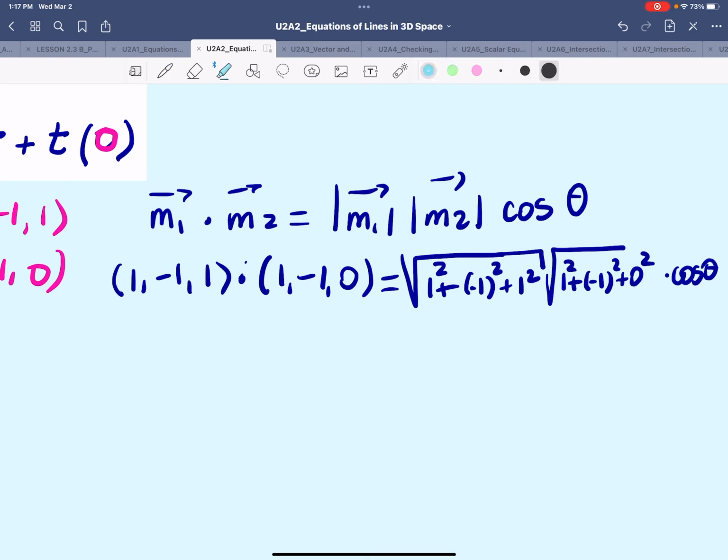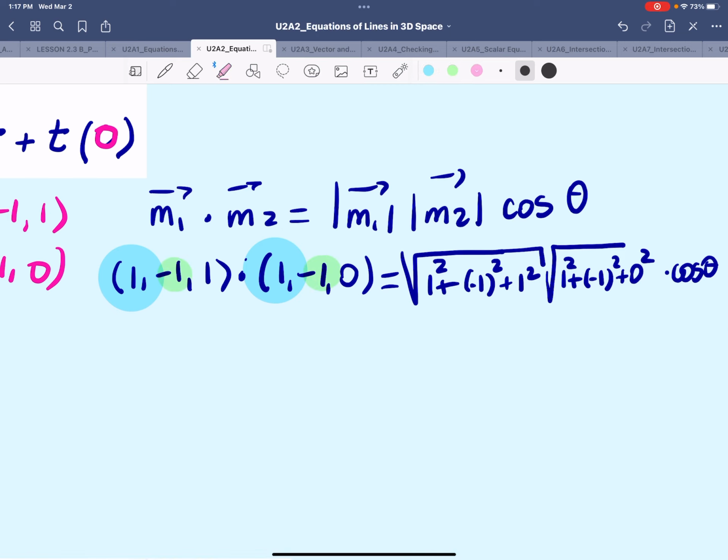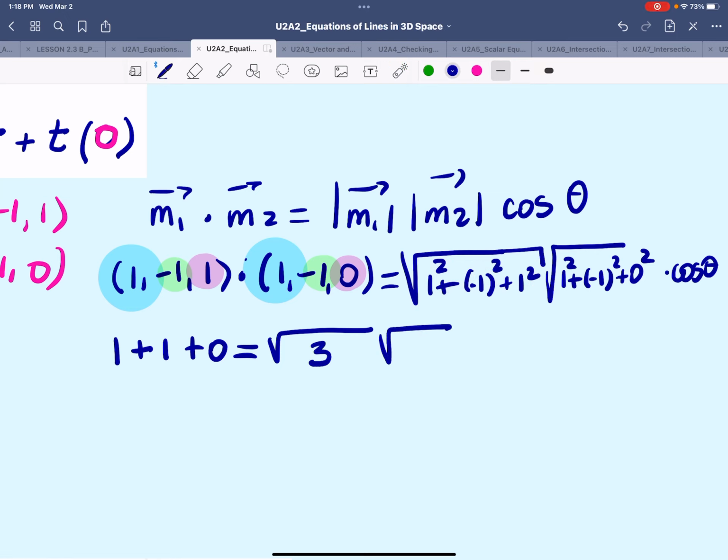So multiply the x's together, the y's together, and the z's together, and we get 1 plus 1 plus 0 equals the square root of 1 plus 1 plus 1, which is 3, multiplied by the square root of 1 plus 1, so the square root of 2, cos theta. So then we have 2 here. Root 3 times root 2 is root 6, cos theta.